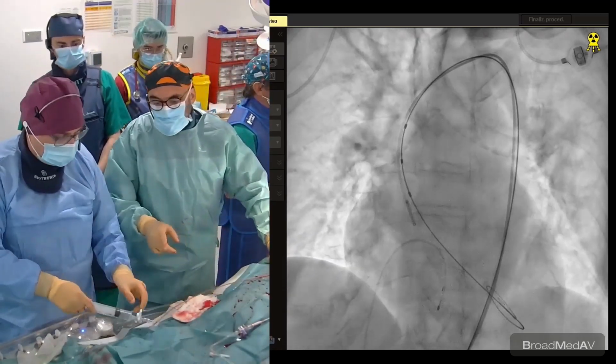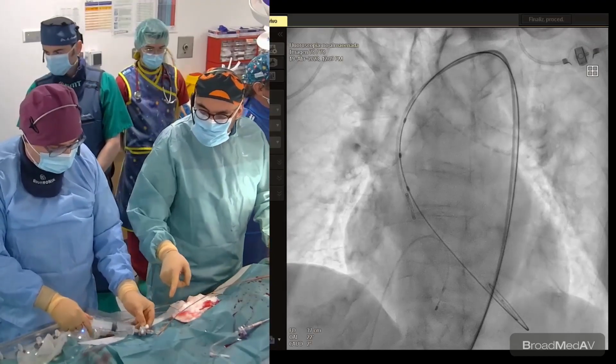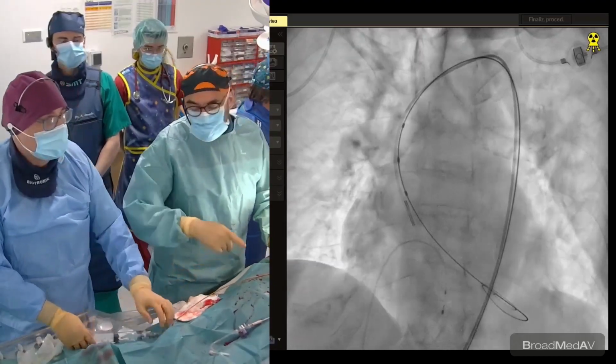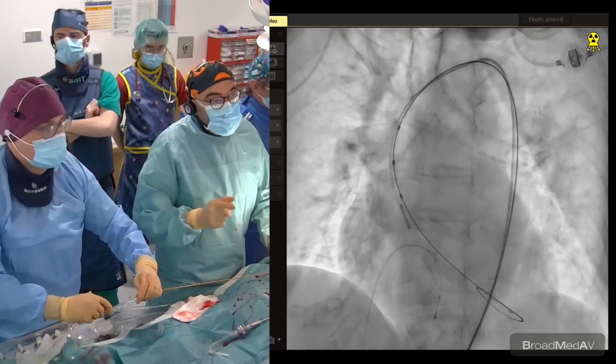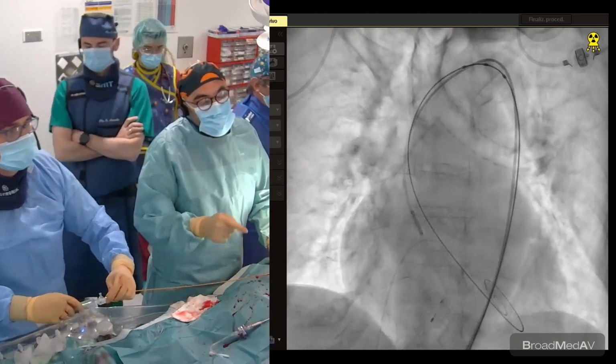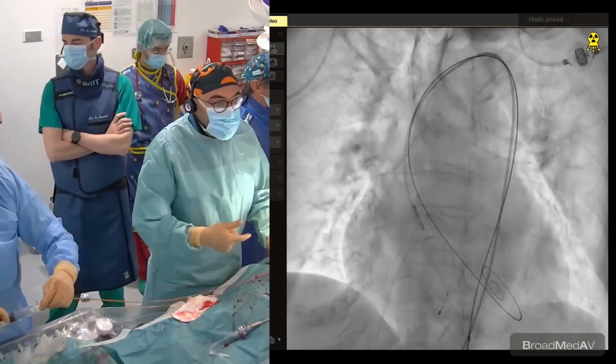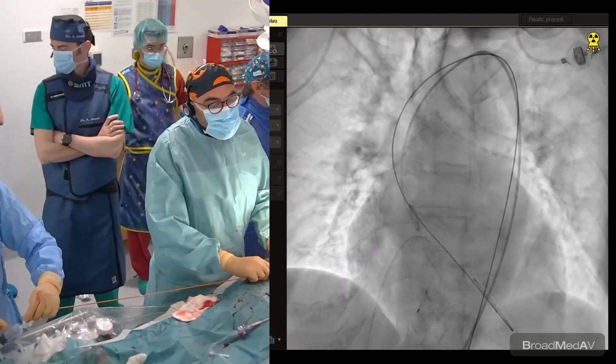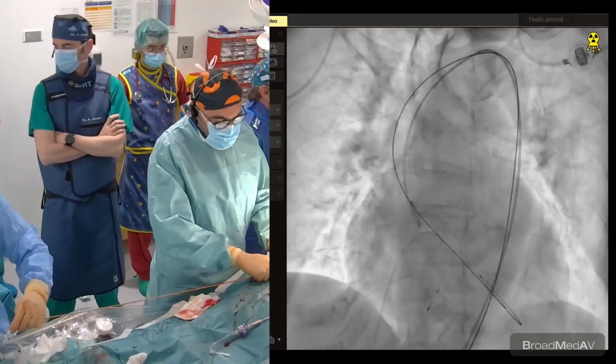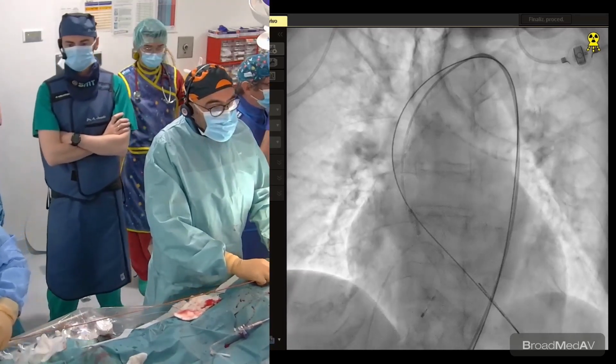One important thing in this valve, in the MYVAL, is that once you have predilated, or even if you don't predilate, before introducing the valve through the sheath, you have to use again the dilator to facilitate the advancement of the valve through the sheath. You are going to see it now.